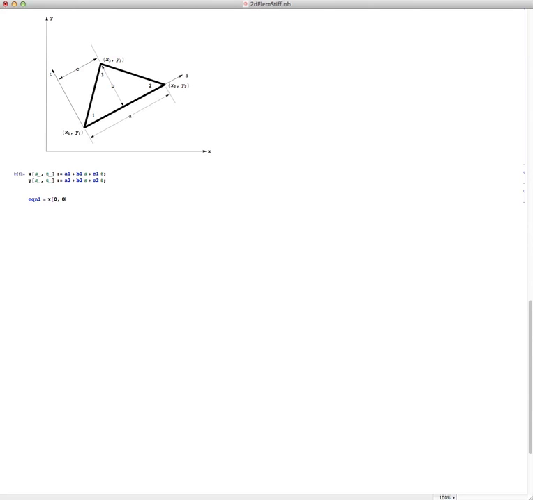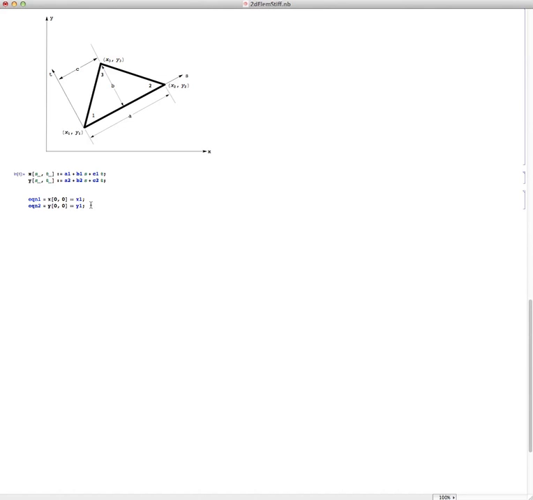Okay, so that's the location of this node right here, and X is equal to X1 at that location in the global coordinate system. So set that equal to X1. That'll give us one equation. Equation 2 is Y evaluated at the same point, which of course is Y1.